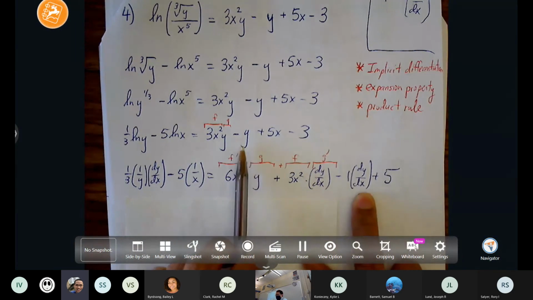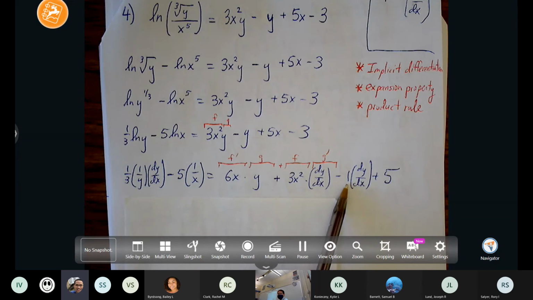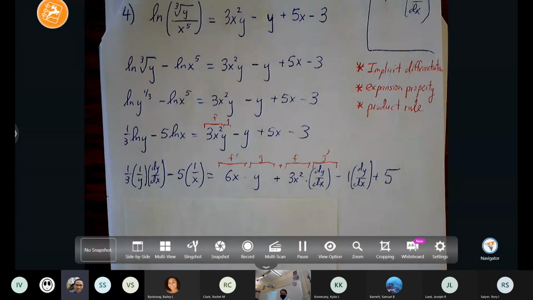And this is my suggestion here. When you have y by itself, the derivative is dy dx, but put a 1 here. That way, when you factor dy dx out later, you don't forget that there's a number there. I think having that 1 kind of safeguards us from forgetting that there's a term sitting there.